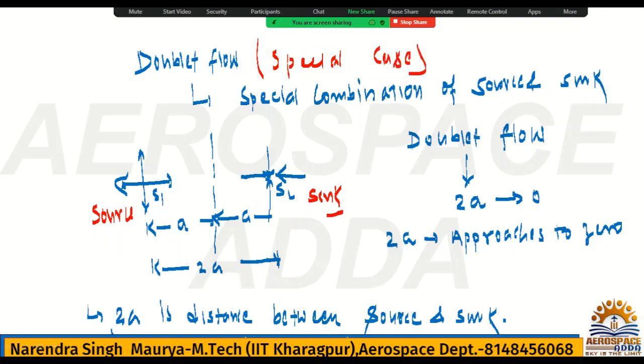Special means that distance between source and sink approaches 0. That's all. That is the special. Otherwise it will be a simple source and sink combination. So a simple source and sink combination will not be called a doublet flow.